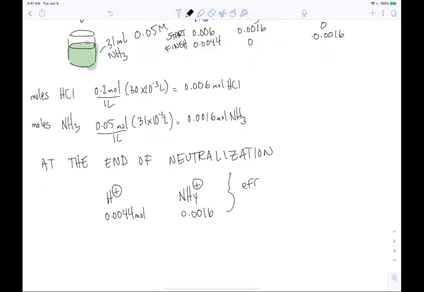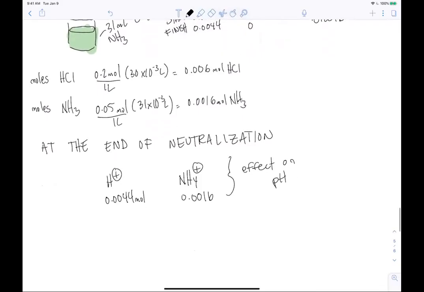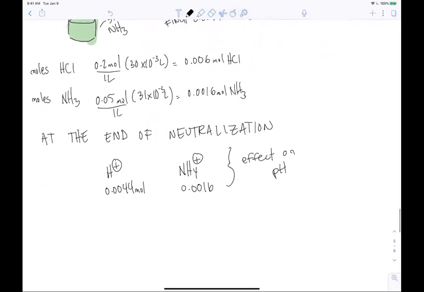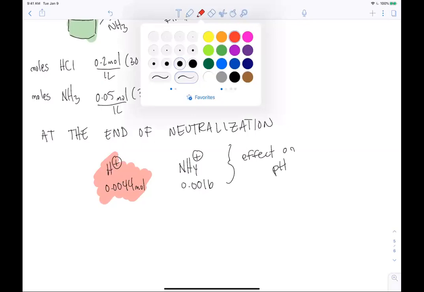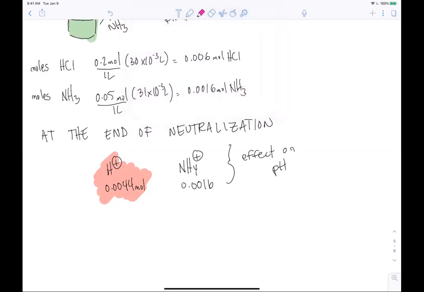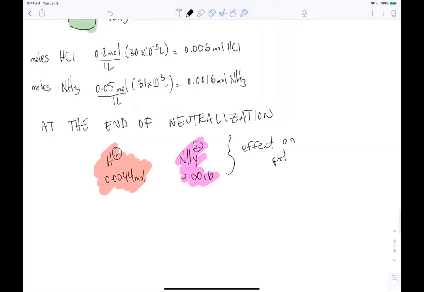So we need to consider, these are things that have an effect on the pH. But we can make our lives easy by recognizing that if you have a strong acid, which is what HCl is, the contributions of the weak acid, this NH4 plus, are going to be probably totally negligible.